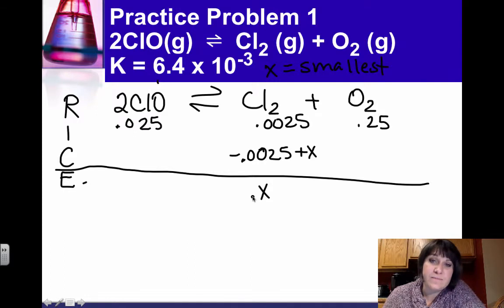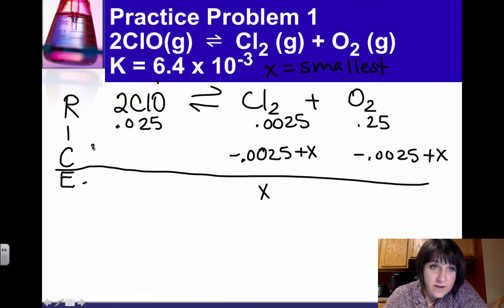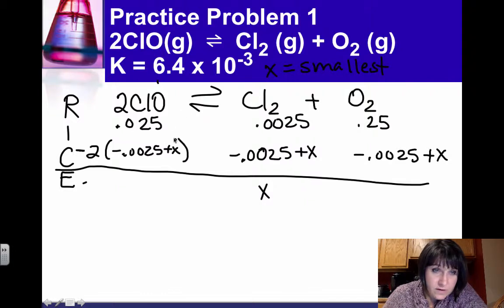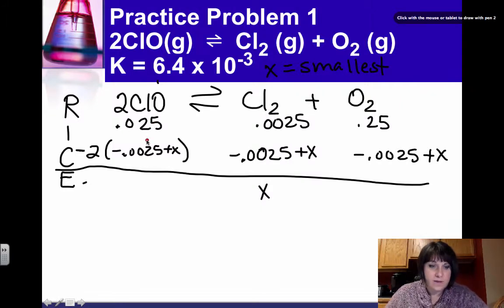That gives me x. And because it's a 1-to-1 mole ratio, I have a negative 0.0025 plus x for my oxygen, and over here I have to double it. And I have to change the sign, because whatever I lose from my reactants, I gain from my products. So I'm going to double a negative 0.0025 plus x. Okay, so let me switch colors so I know what I'm doing.